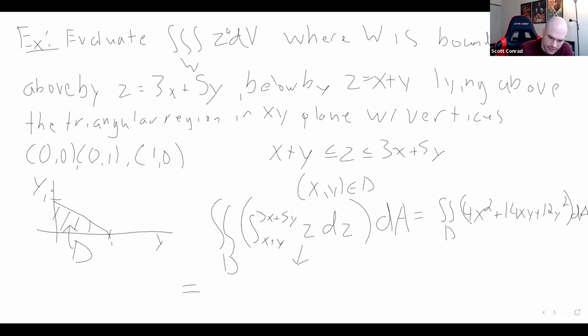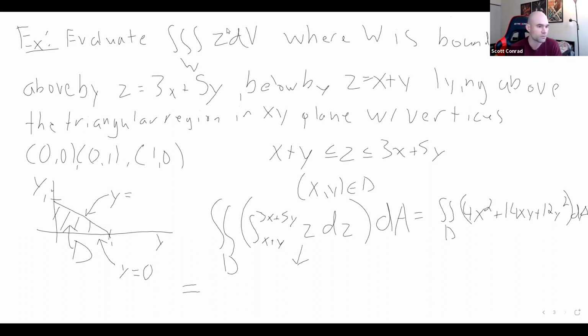Okay, so for D, what is our bottom curve? Y equals what? Y equals 0 is our bottom curve.